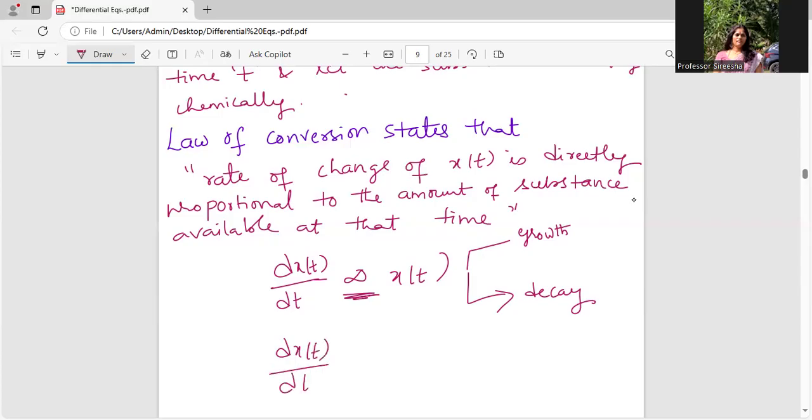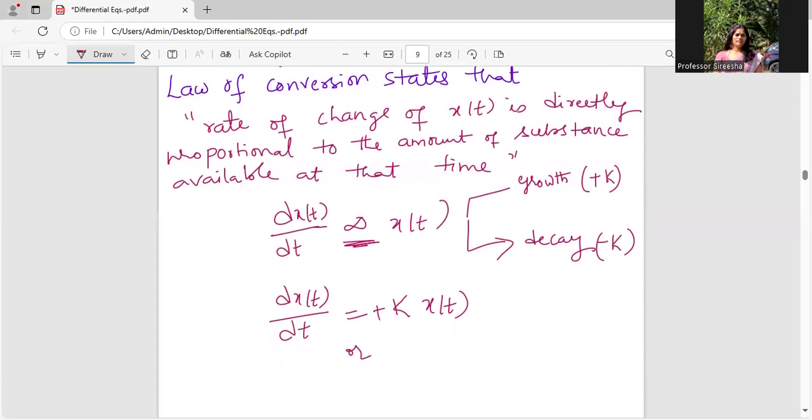So to remove that proportionality symbol, I'll be introducing a proportionality constant, usually denoted by k. If it is growth, this k will be positive. If it is decay, the k will be negative, symbolizing that the substance is decaying. For growth, the proportionality constant will be positive.